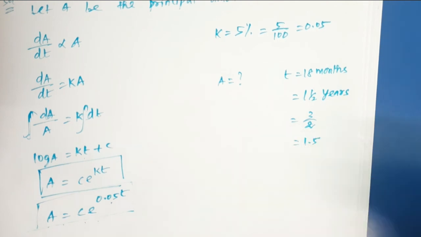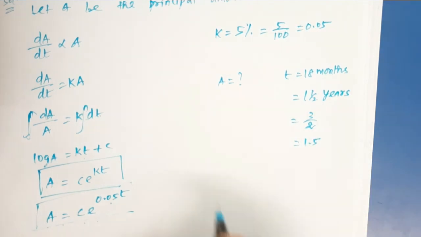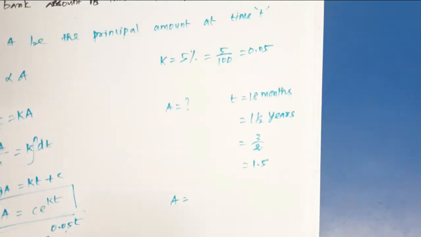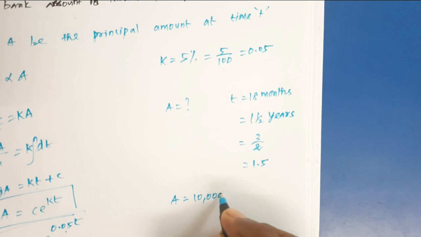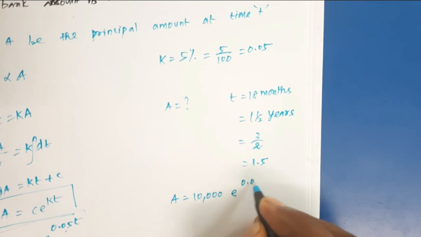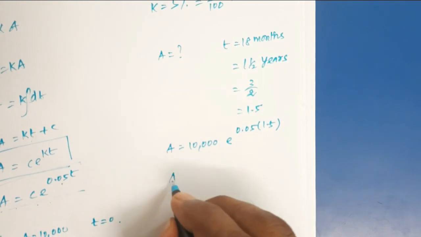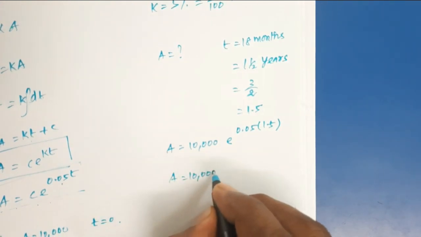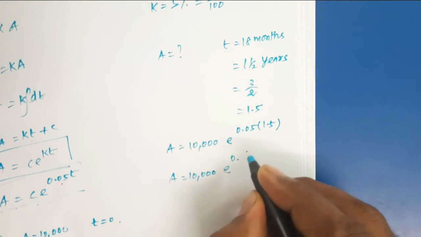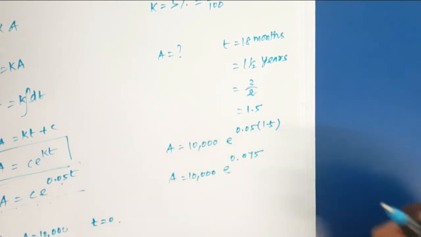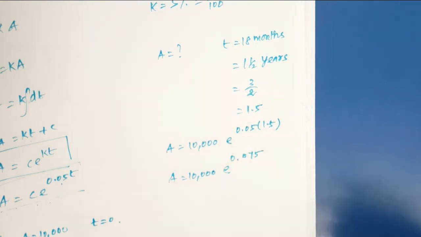So substituting t is equal to 1.5 in this equation, A is equal to 10,000 e power 0.05 into 1.5. 0.05 into 1.5 is 0.075.